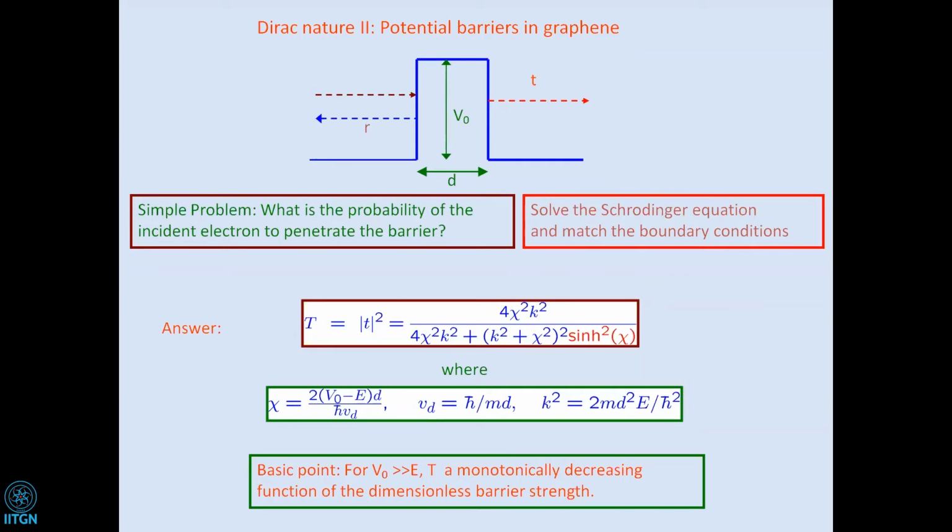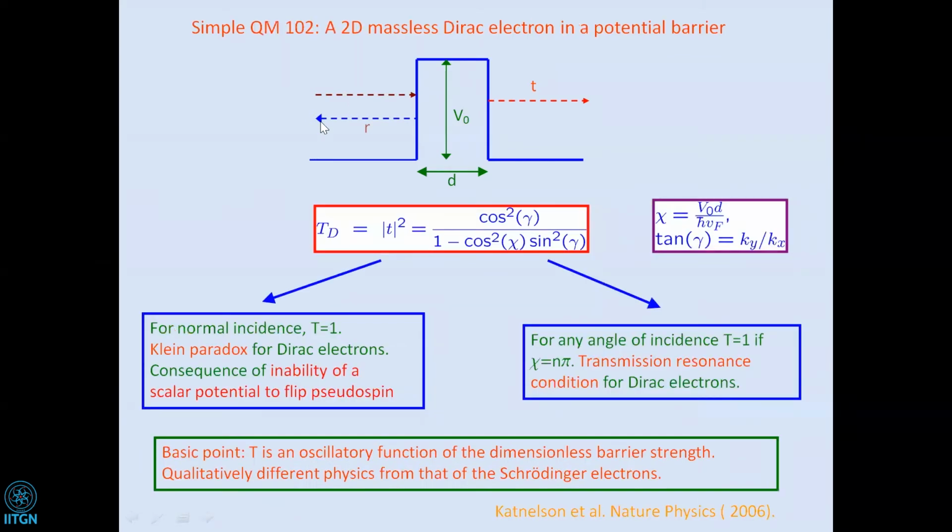However, quantum mechanics tells you, and this is something that we work out, that even if the energy of the particle is small compared to the height of the barrier, there is a possibility that the particle is never going to be reflected back. It's going to transmit to the other end, and this phenomenon is known as tunneling. Tunneling is an intrinsically quantum effect, which we see in our first quantum mechanics course.